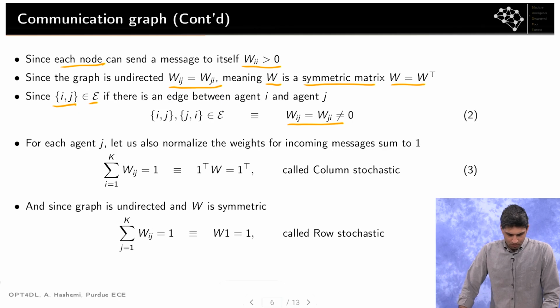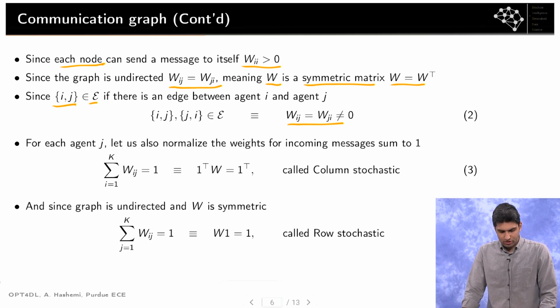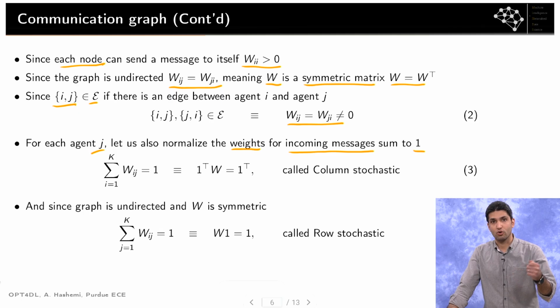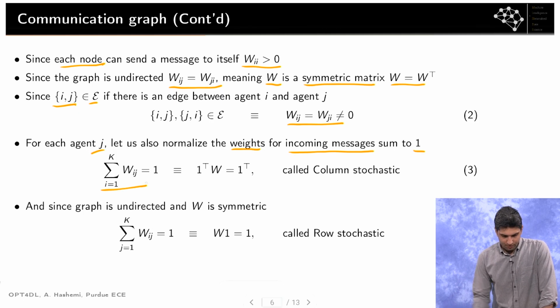All right. So we're also going to do some normalization, which is standard. We're going to assume that each agent j is going to normalize the weights for incoming messages, such that the weights of the incoming messages sum to 1. It's basically the importance score I'm imposing on the messages I'm receiving from others. That means that the sum of w_ij over i is going to be equal to 1.